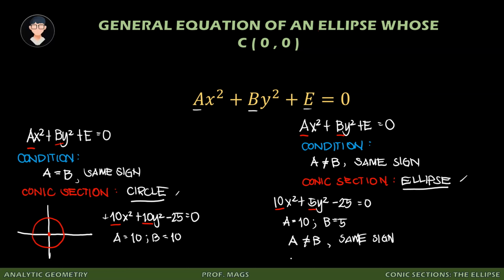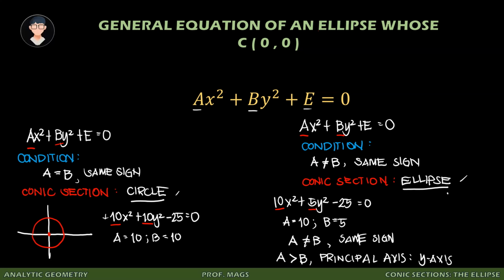At kung i-analyze mo yan, the shortcut in order for you to know what is the graph of an ellipse, given the general equation, whose center is at the origin. So A should be greater than B. So your principal axis is the y-axis.